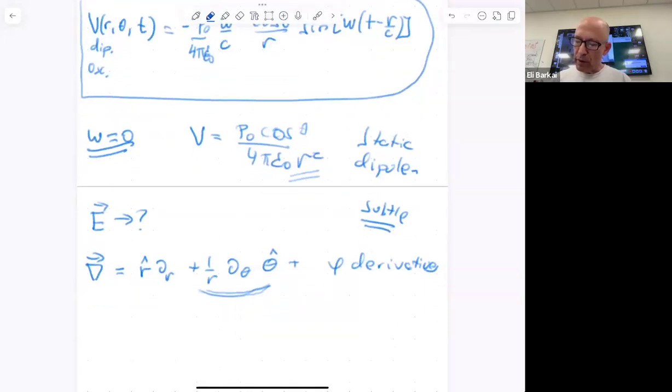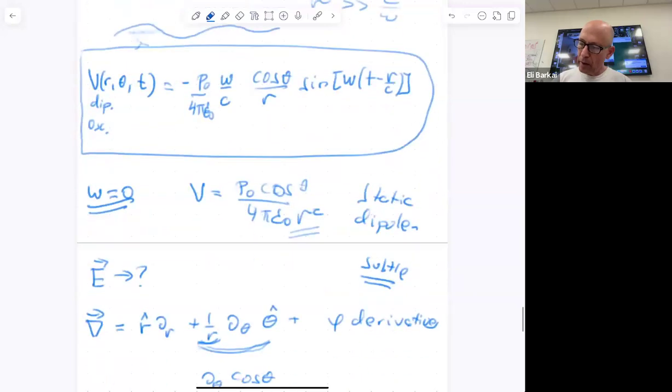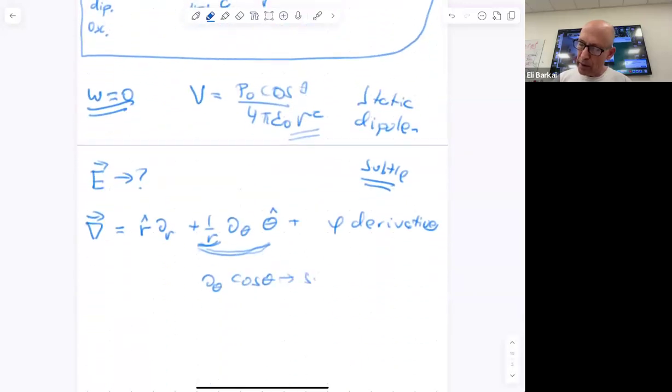You see that this derivative with respect to r, there's this prefactor 1 over r, and that will make the field coming from this term even smaller. So we have d over d theta. The only theta is in the cosine theta that is here. That will give you a sine theta, which will also appear later, but this will give you 1 over r. It's going to be a small term.